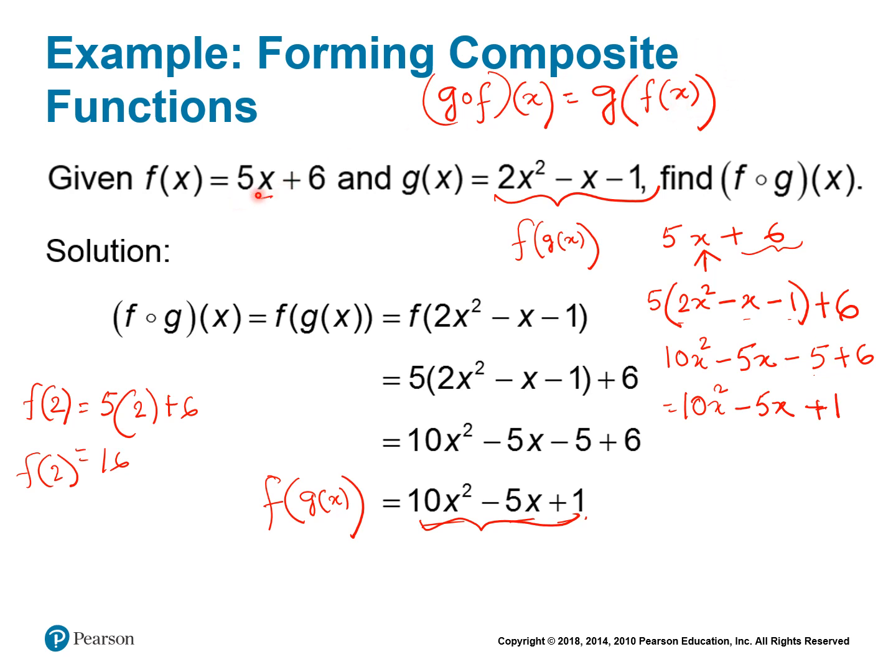So that means we have to take 5x plus 6 and input 5x plus 6 wherever x is, into this x squared, and then do the algebra. Okay, so let's go to the next slide and they will talk about how to find the domain of the composite.